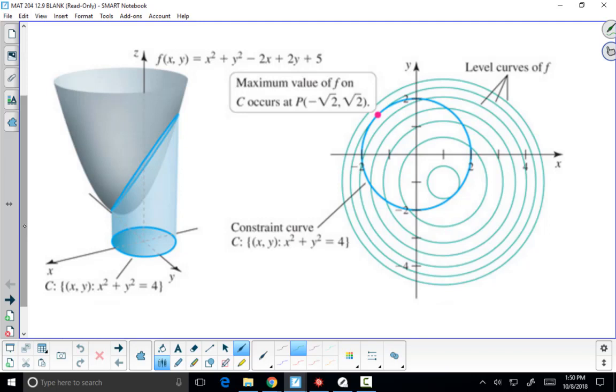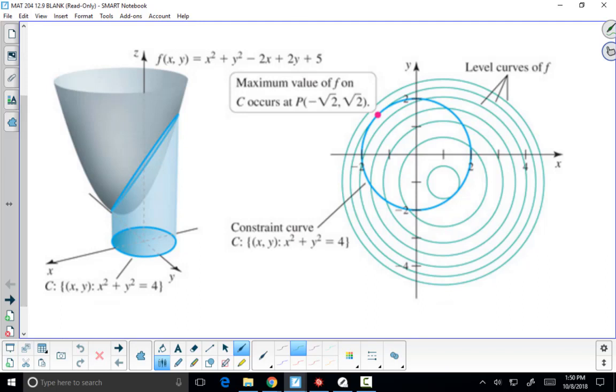So if we're looking for a max, I don't know which level curves they are, he doesn't say which ones they are. But as we're moving further and further out on these curves, we're getting larger and larger function values. So here, where the constraint curve passes this level curve, whatever that level curve is, that's what the function value is there. But we know that function value is bigger because we're at a level curve that's further out.